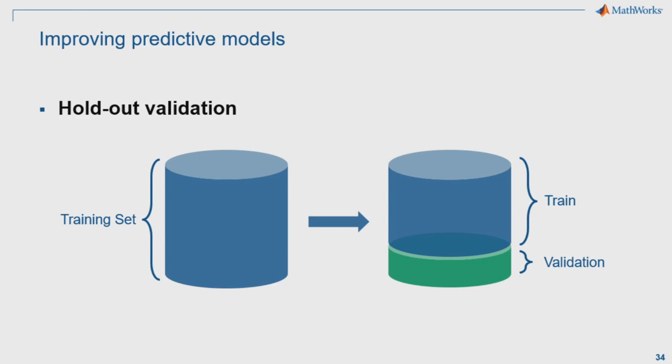The train part is used to change every time the features of our model, the hyperparameters of our model, and the validation is used as a test during the tuning.